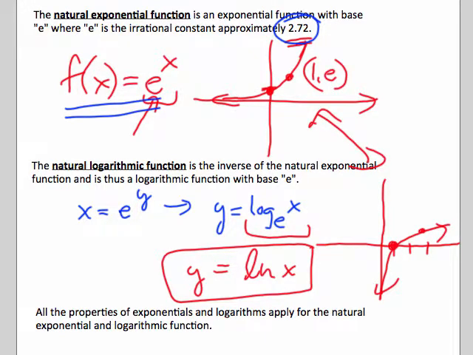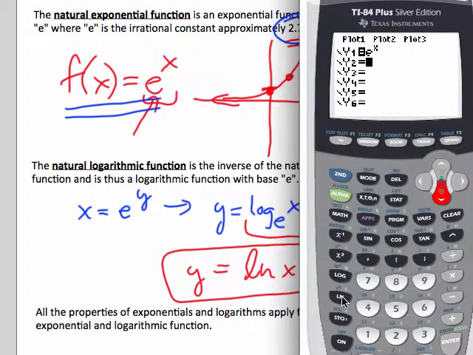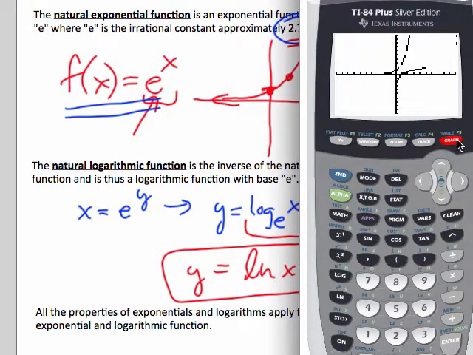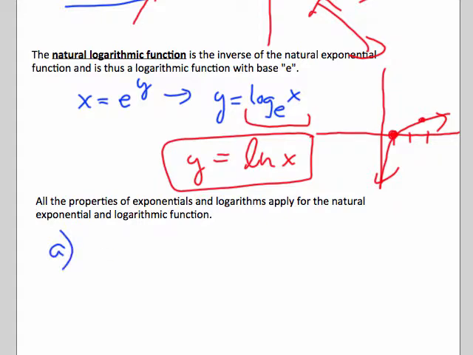On your calculator, ln, notice log and ln are close together. ln is just a special type of log, log base e of x. So ln x brings up our graph. Okay, and again, because the two functions are inverses of each other, applying one after the other produces x.